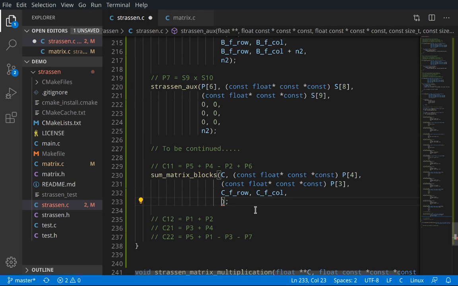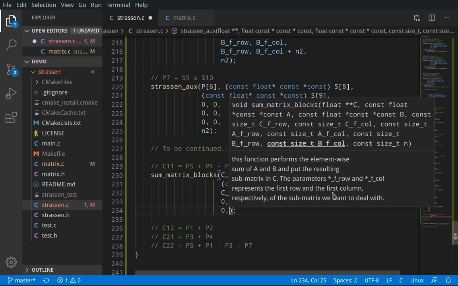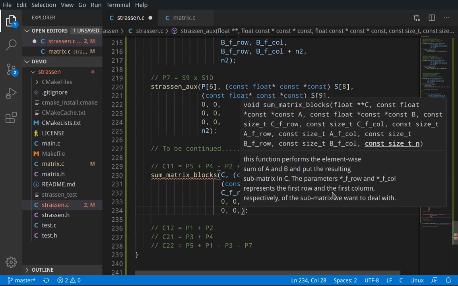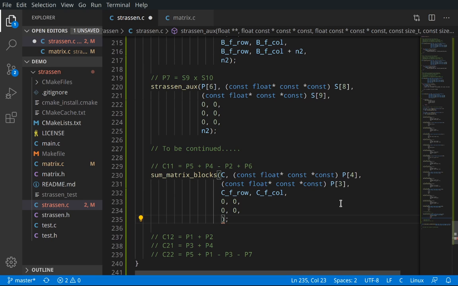Okay. While as far as P4 and P3 are concerned, we may specify 0 0, because these are basically submatrix views concerning the whole matrix P3 and P4. Okay.